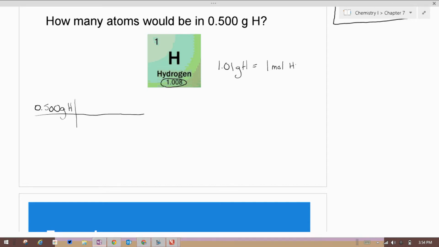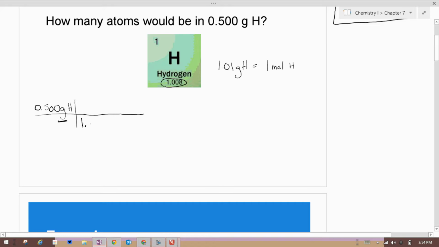I need to decide though, where am I going to put that 1.01 grams of hydrogen? My choice is to put it on the top or the bottom of this line. I know that by the fact that grams is in the top box right next to it. If grams is in the top box, which it is right here, then that means that grams needs to be right here in the bottom box.